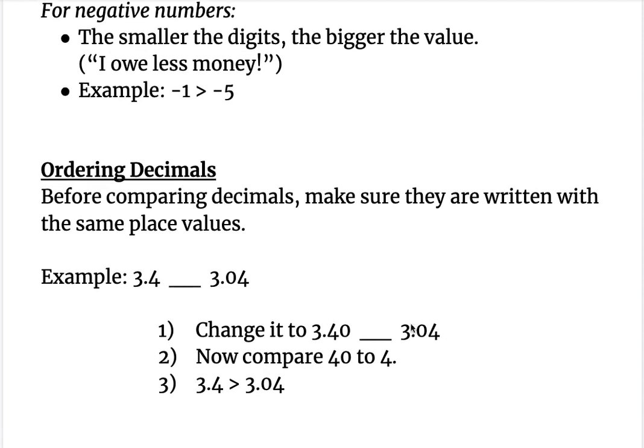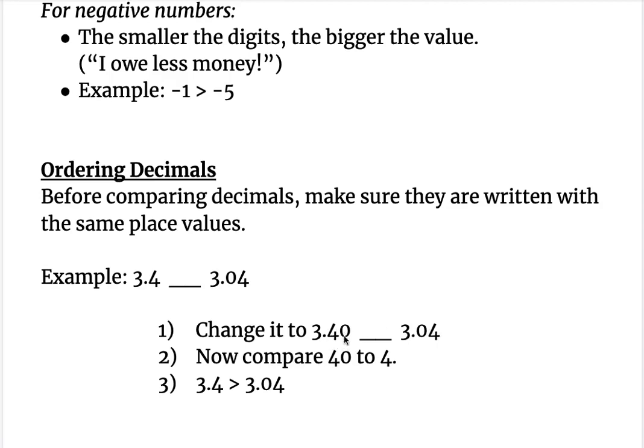So all we're going to do is we're going to add zeros to the number that has the least amount of decimal places. So 3.4 would become 3.40, so that they now are matching. They both have two digits after the decimal point. So now I'm really comparing 3.40 to 3.04.